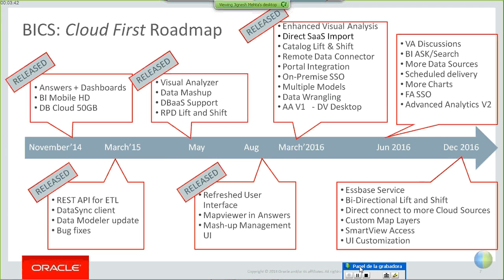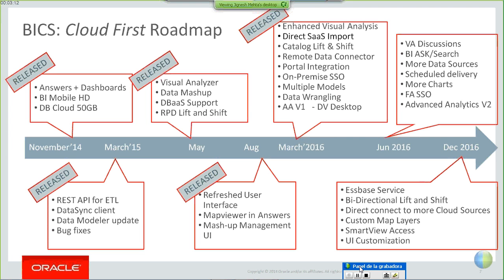So this slide is just highlighting a lot of features that you already saw, and it's kind of a timeline of how they were released. More interestingly, what was released last June was around BI Visual Analyzer enhancement, BI search, and more data sources for data visualization.